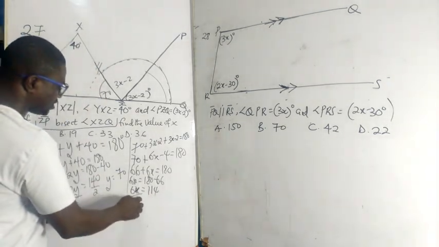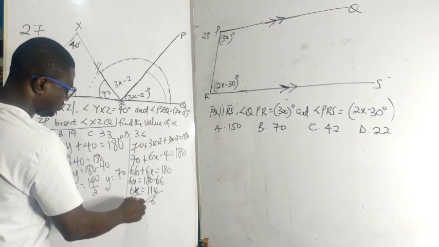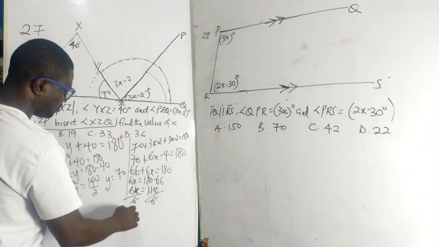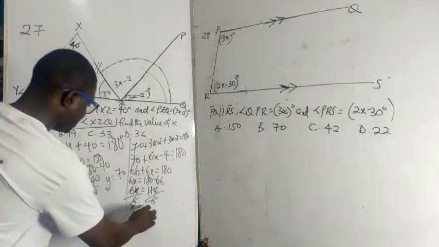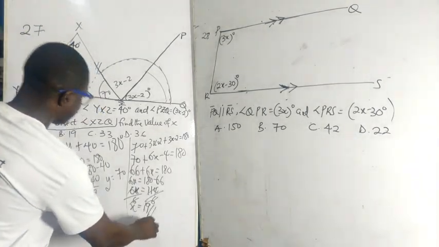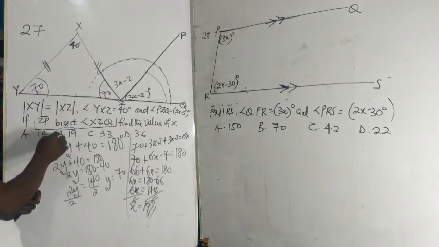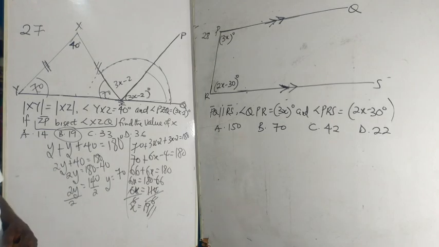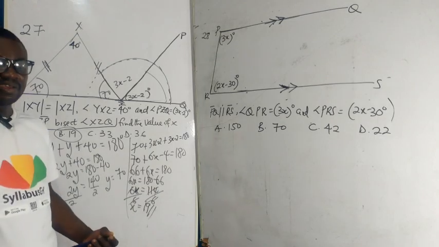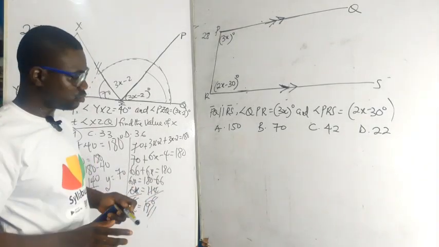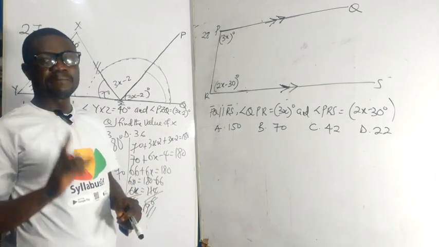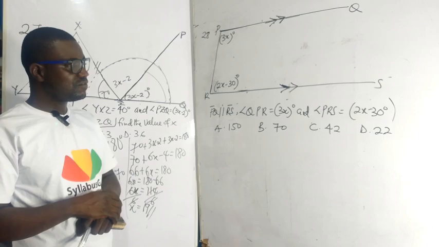We can divide both sides by 6. 6 cancels that. And what is our answer? Our answer is 19, and our option is B. The trick here is that you should always remember to look for the minor and the major information.